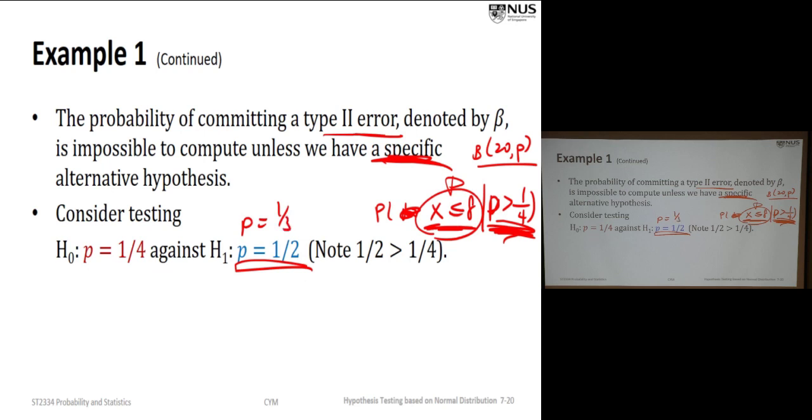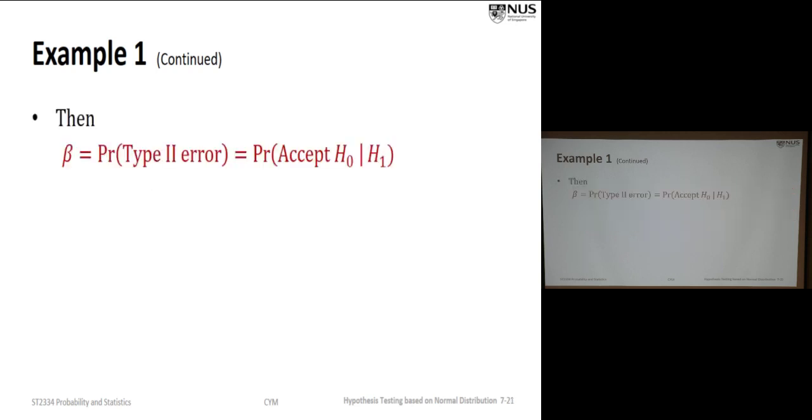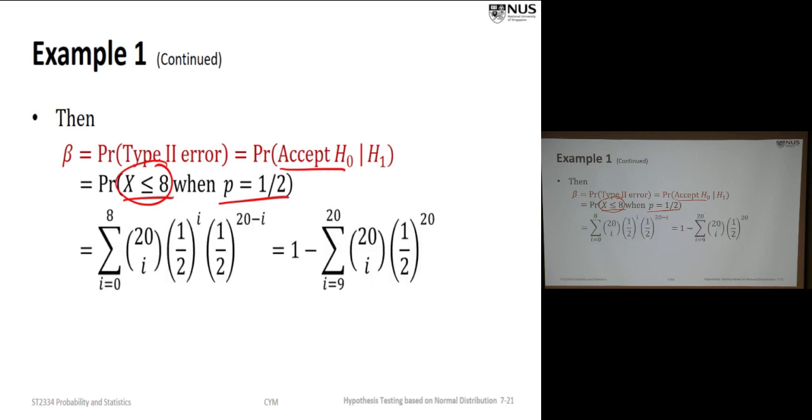So you just calculate this probability of X less or equal to 8, which means that you do not reject the null hypothesis when P equal to 1/2. The answer is 0.25. So what does it mean? It means that based on this decision rule, if P is half, then the chance of committing an error is 0.25.